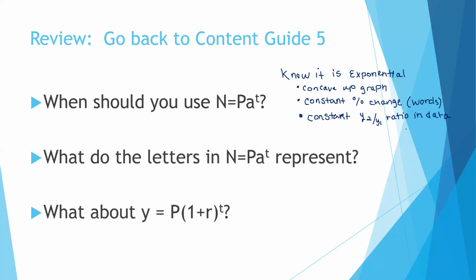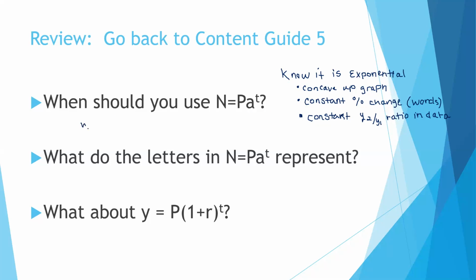Now, if I know that it's exponential, so somebody has told me, I see the concave up graph, I see the percent, I see the ratio, this NPAT formula is going to work best when we know the y2 over y1 ratio. So when should I use this?